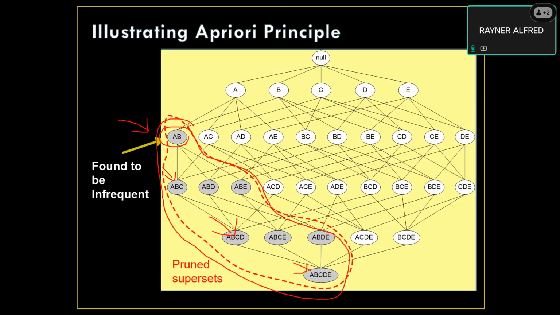So if this is not frequent, automatically this one is also not frequent. That is what we call anti-monotone. Based on this, we save time in comparing. We just start from one item, and if they are not frequent, you can leave them out, with no need to compare in the next step. Okay, so this is the Apriori principle.